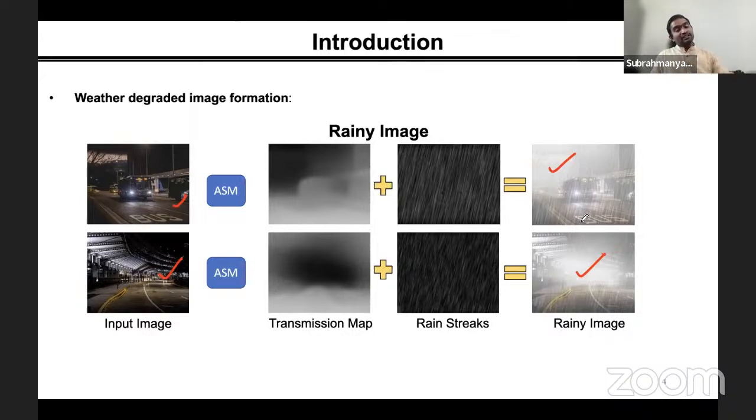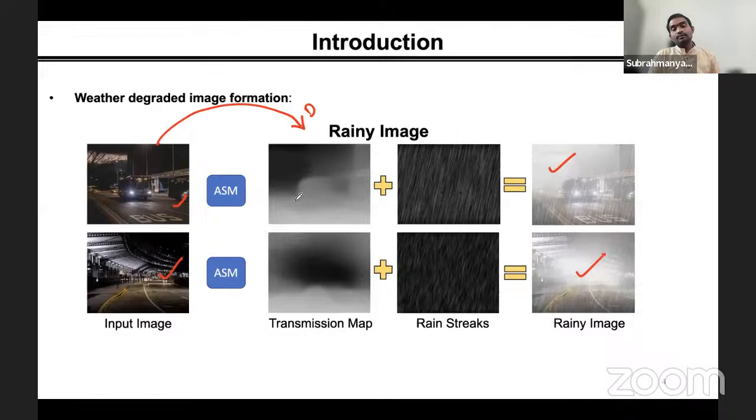What are researchers doing? We have to train our deep learning model. There are some good depth estimation methods. While training our algorithm, for training data generation, we take a clean image and calculate its depth. The estimated depth is inversely proportional to the transmission map.